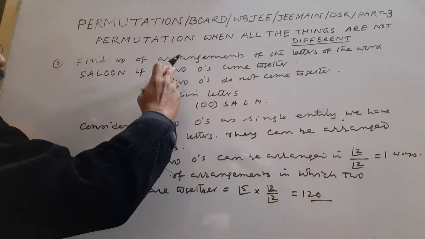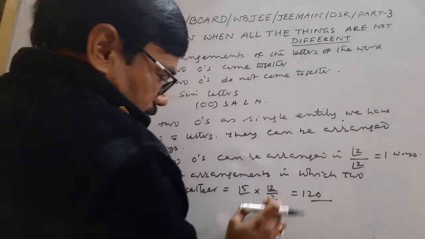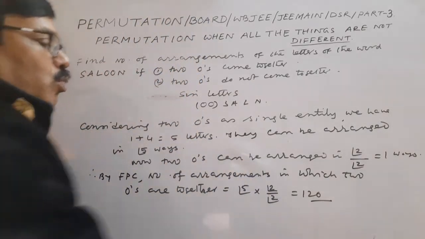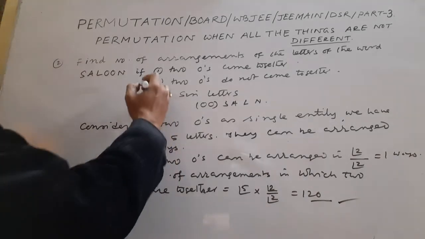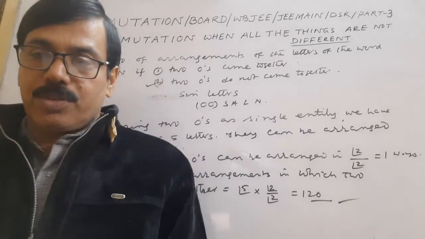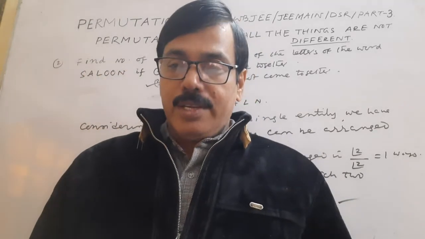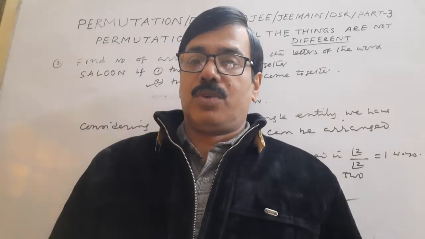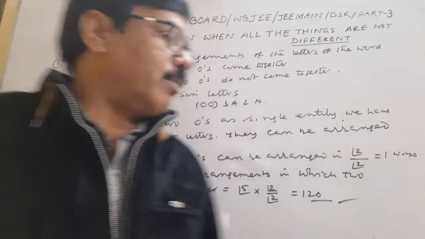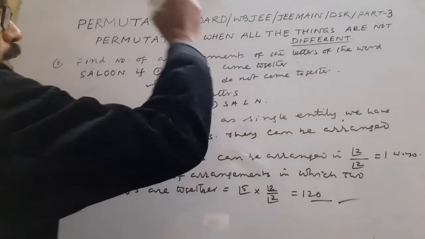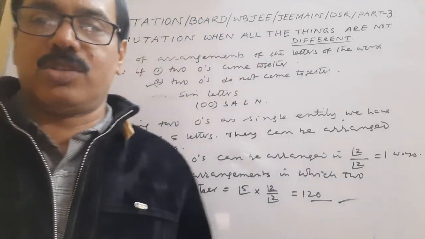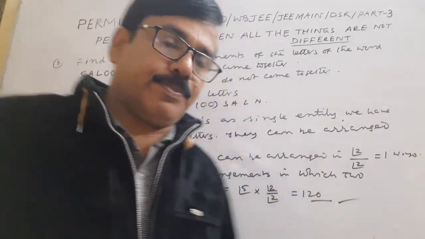In case of all different letters, no need of this part because it will be always 1. So 120. And number 2, 2 O's do not come together. Same procedure: we will find the number of permutations without any restriction, then the number of permutations in which 2 O's are together. So their difference will give the arrangements in which no 2 O's are together.